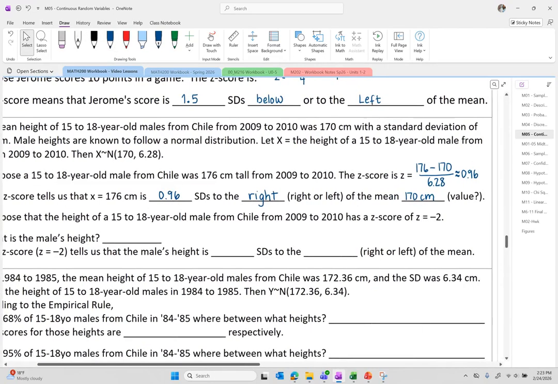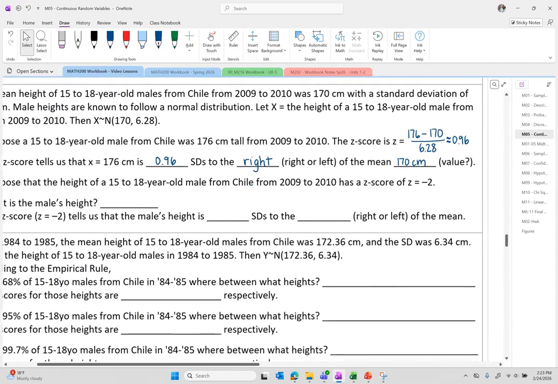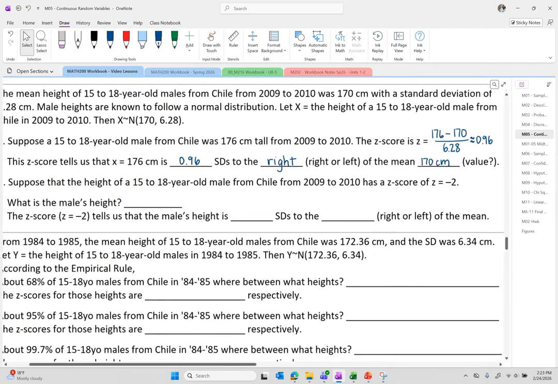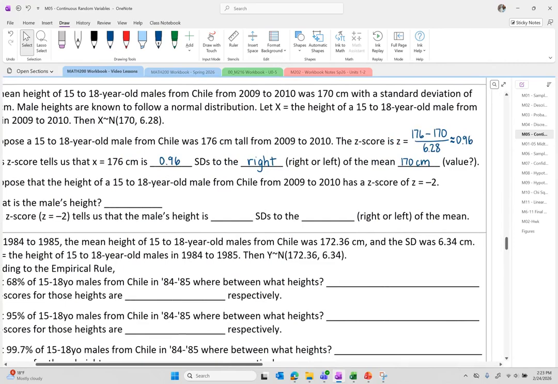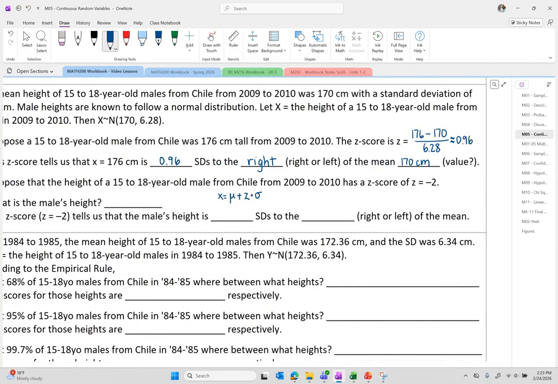Suppose that the height of a 15 to 18-year-old male from Chile from the time frame 2009 to 2010 has a z-score of -2. What is the male's height? Remember that to find the value of x, you will take the mean and add z times the standard deviation. So if the mean was 170 and I add -2 times the standard deviation, which is 6.28, I'm going to find the value of x.